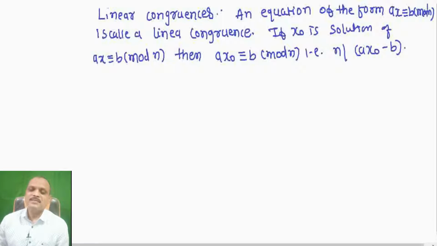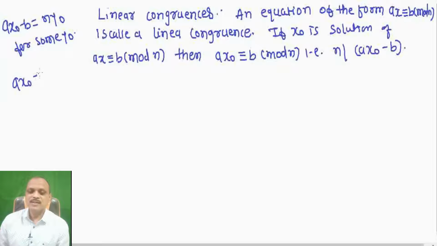If it is divisible by n, then this number x0 is called a solution of this congruence. But by definition, ax0 minus b equals n times y0 for some y0. Then we have ax0 minus ny0 equals b. Okay, so look at this equation, ax0 minus ny0 equals b.